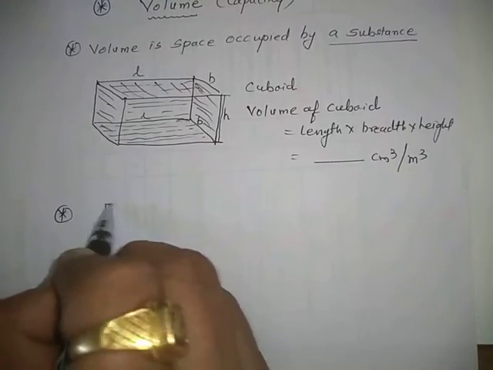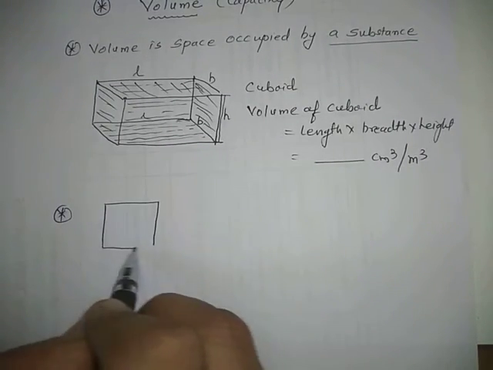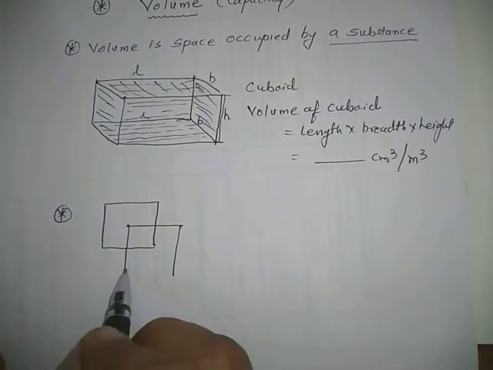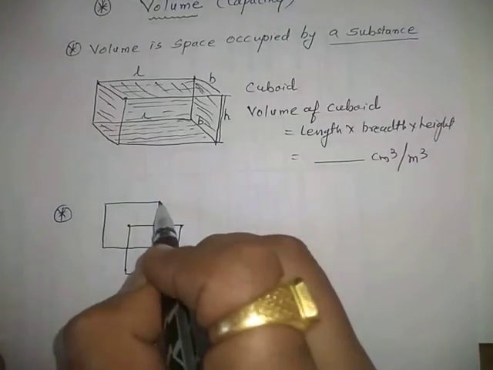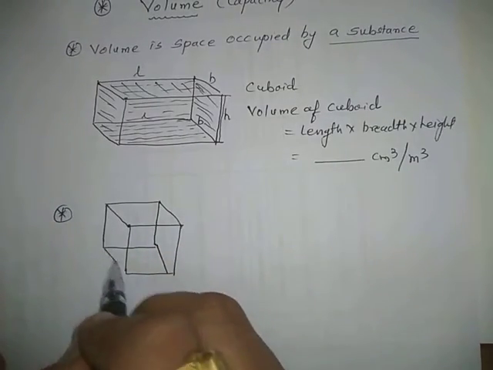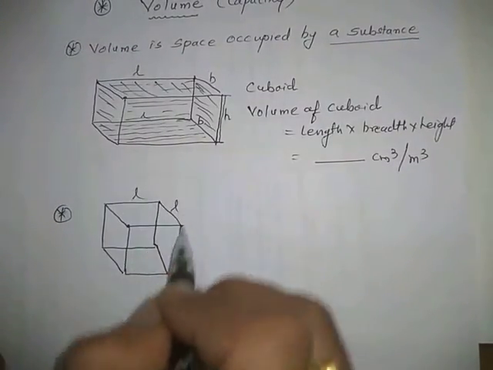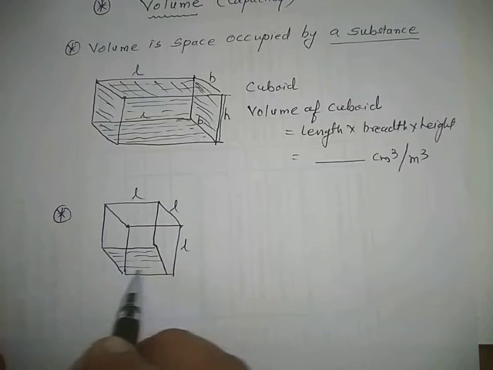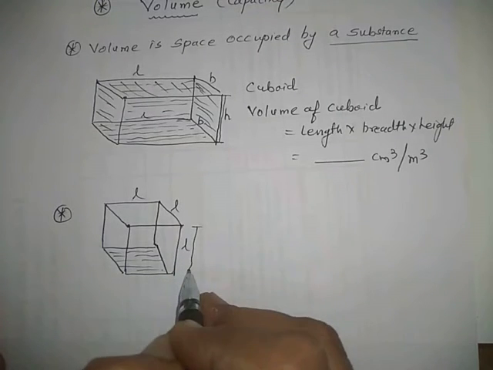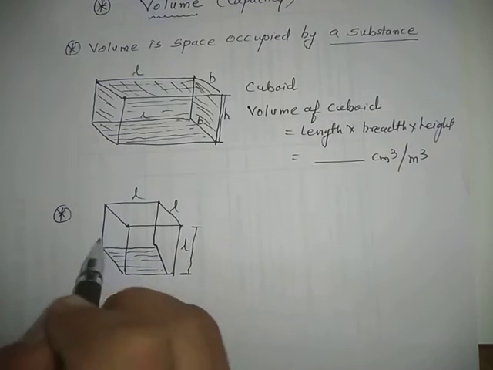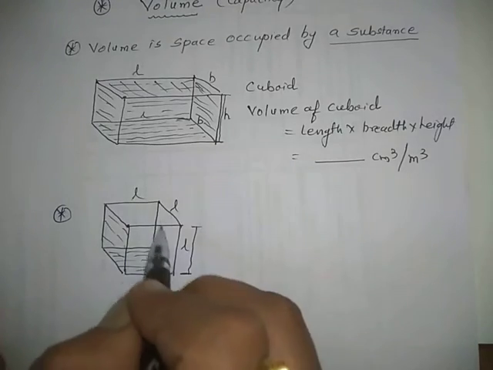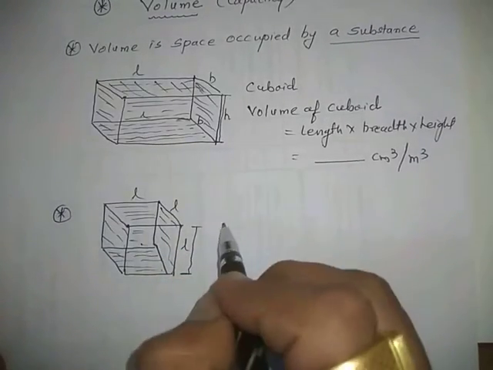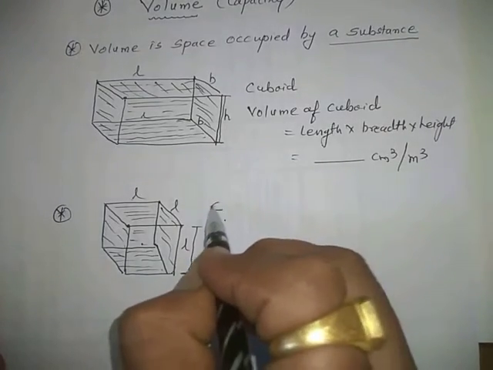Similarly, we can go for cube shape also. You find that in cube all sides are equal. Same like this, length, length, length. So this much area of water or substance is covered up till this much height. Okay. So same procedure as we have done for this sum, similarly, we will find the volume of cube shape.